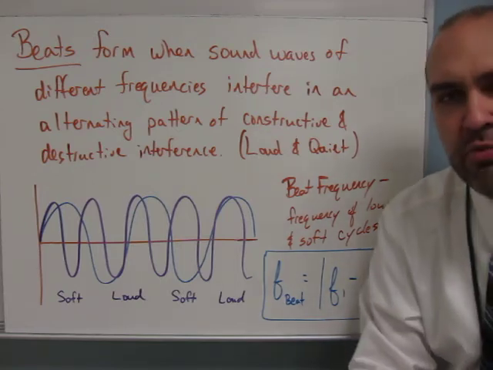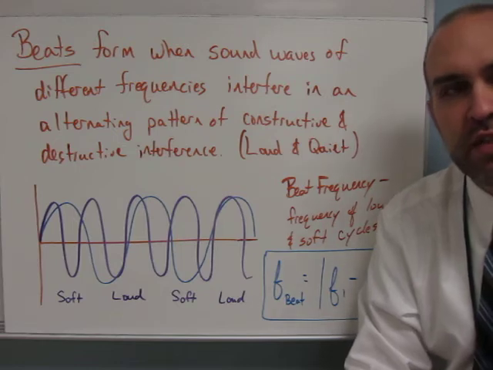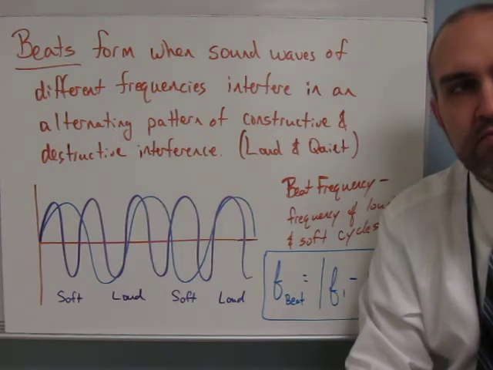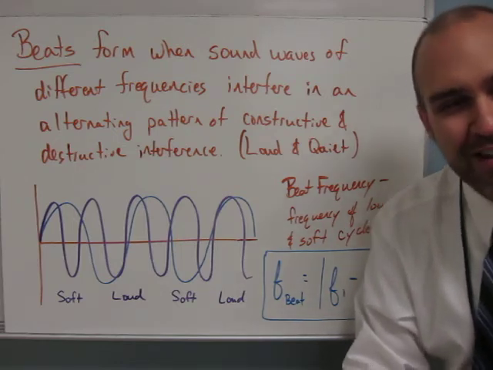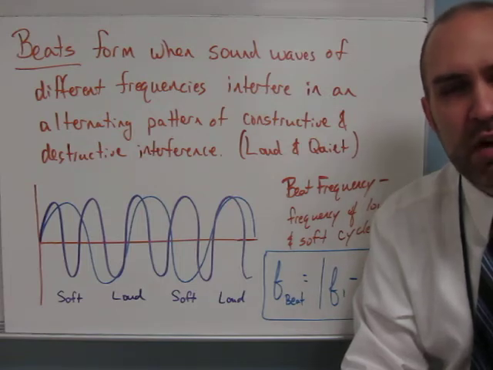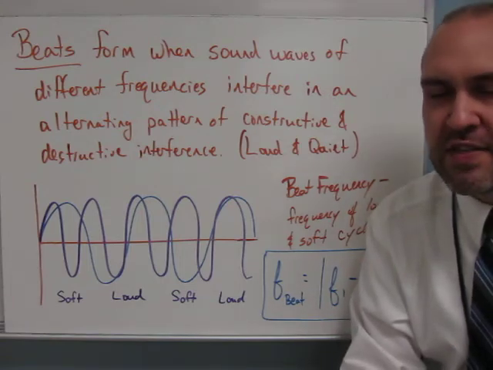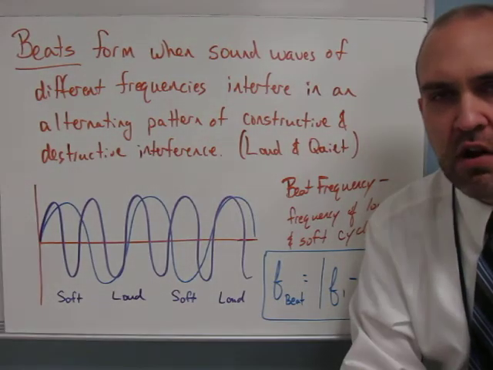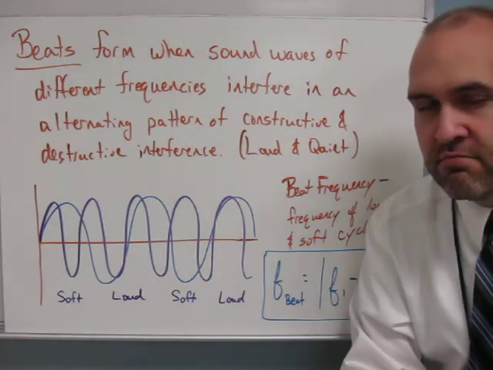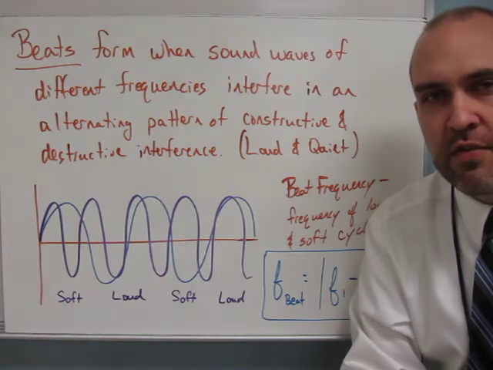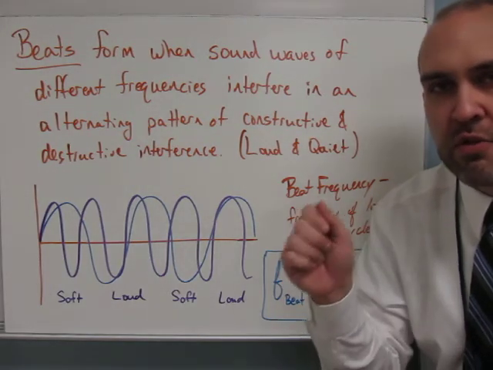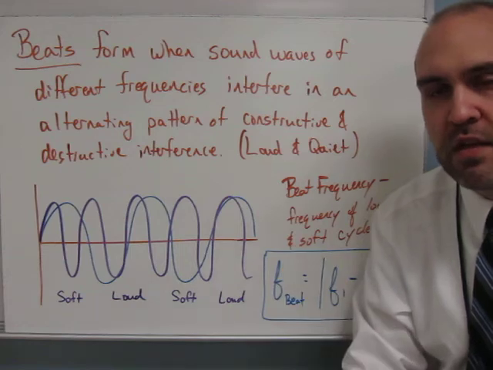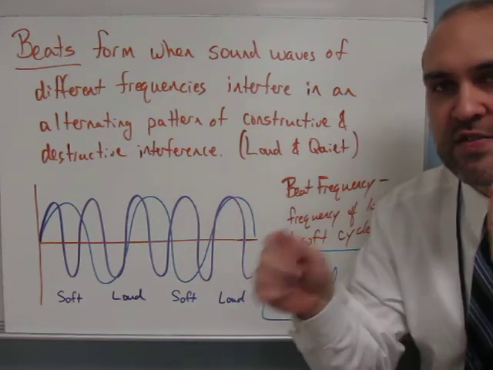When I talk about this with students, I typically think about something you've probably experienced. If you've ever been sitting at a stoplight with your turn signal on and the car in front of you has their turn signal on, you notice that for a few moments they're in sync with one another, blinking at the same time, and then a few moments later they're off sync.